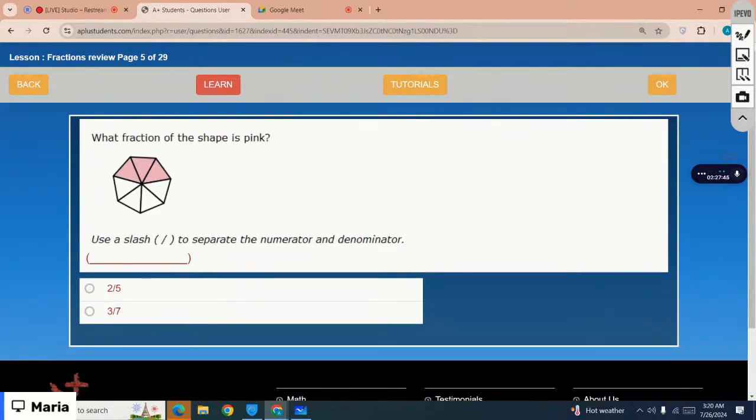What fraction of the shape is pink? Which is the correct option? That is option number 2, 3 by 6.